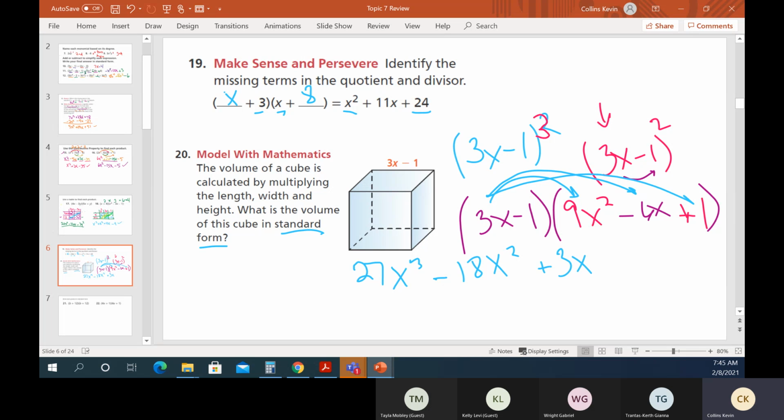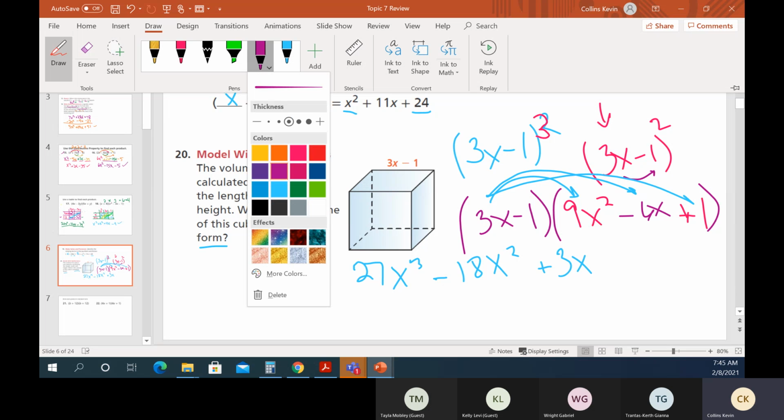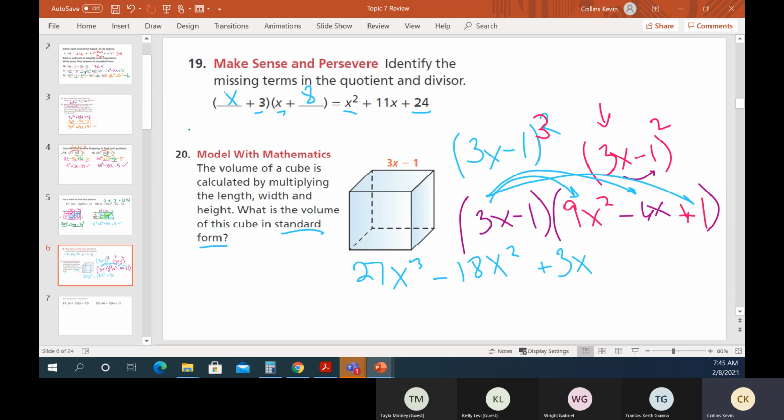All right, so next one is times minus 1. So really all we have to do is switch all the signs. We'll walk through it here. And let's get a different color, that would be good. Okay, so minus 1 times 9 is minus 9x squared. So let's write these guys down, but let's put them below and let's shift over a little bit.